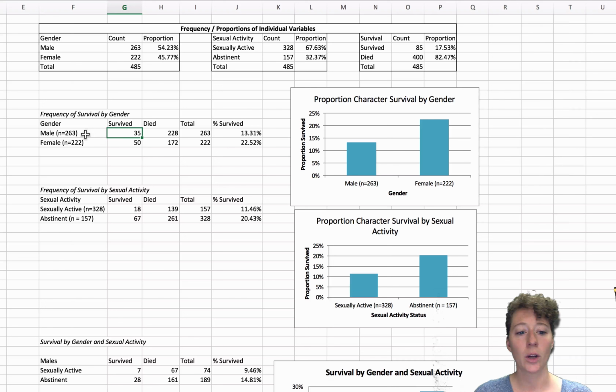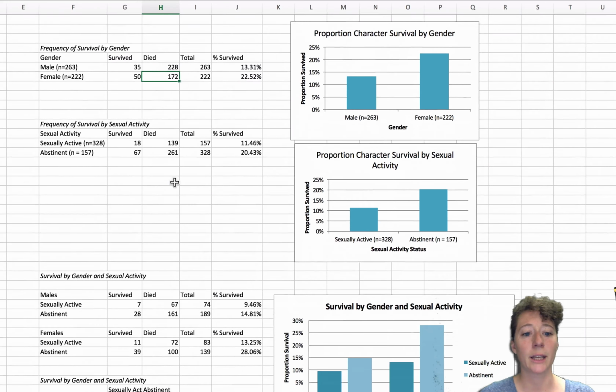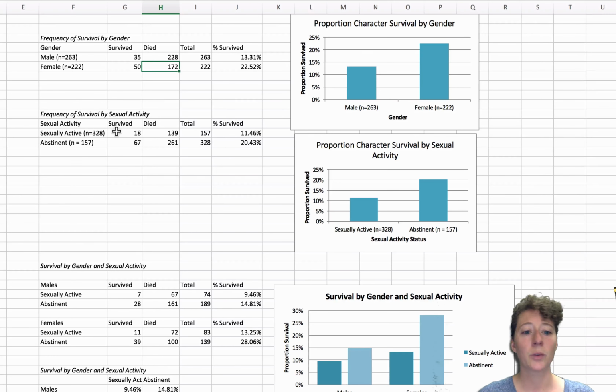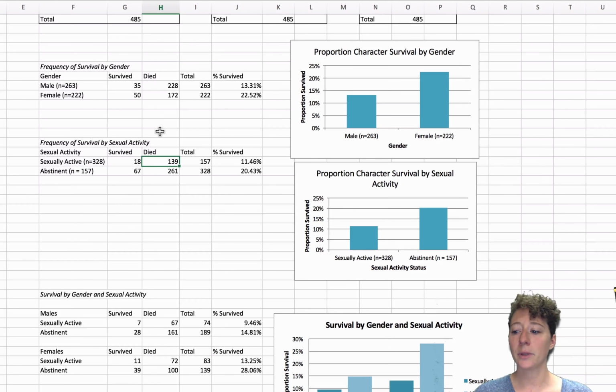Right now we're looking at one predictor crossed with one outcome variable. How many males survived? How many females survived or died? And when we're looking at the variable sexual activity, we're doing the same thing, asking the question, how many sexually active died? The base rates here are different, so we don't want to visualize the counts themselves.